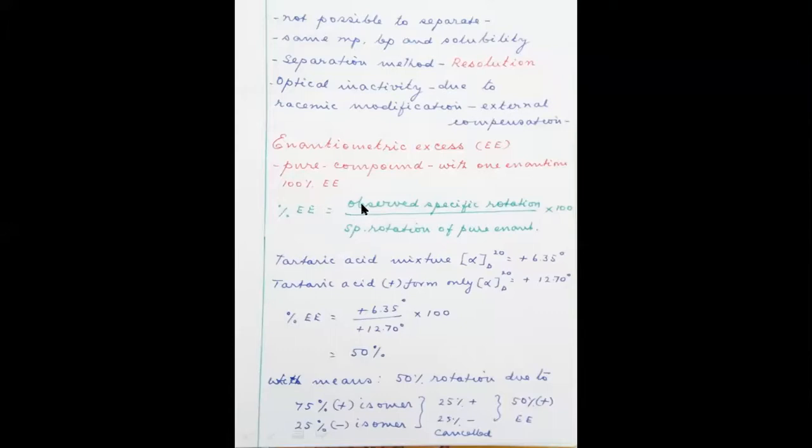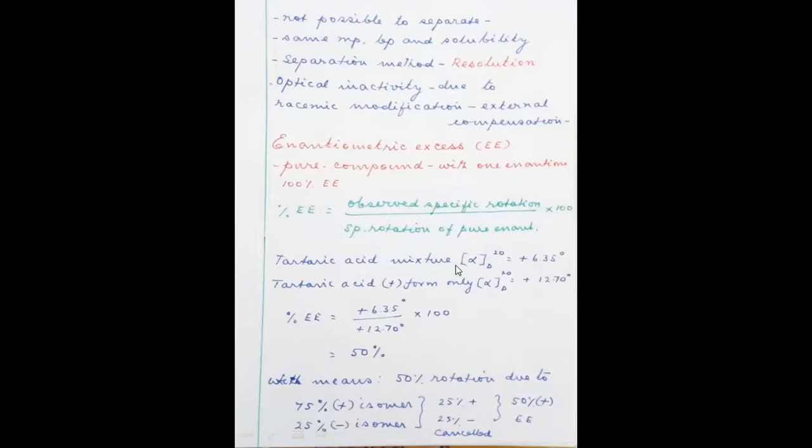In the numerator, what is the actual rotation observed when the mixture is taken? That is observed specific rotation divided by specific rotation of the pure enantiomer into 100. So when I do the following calculation, you will understand what enantiomeric excess is.